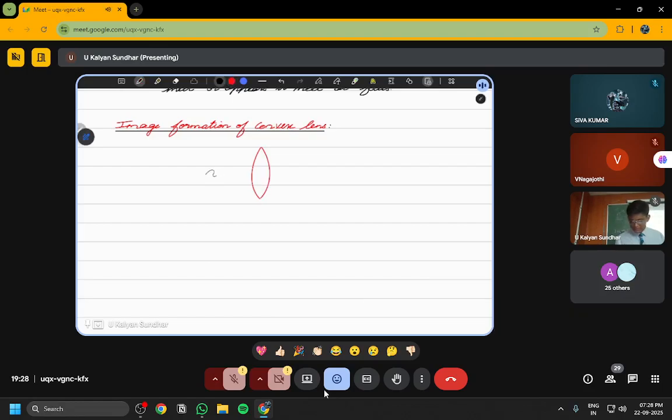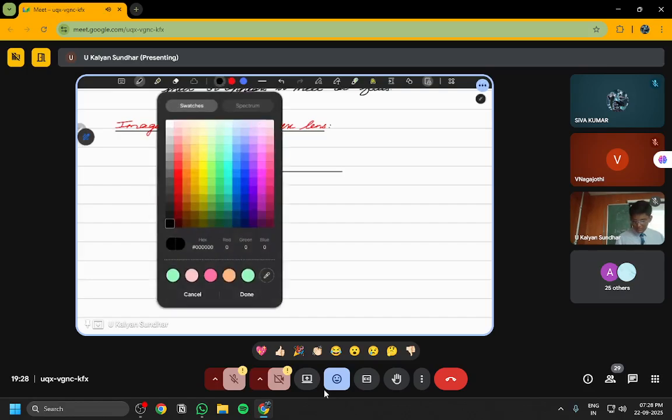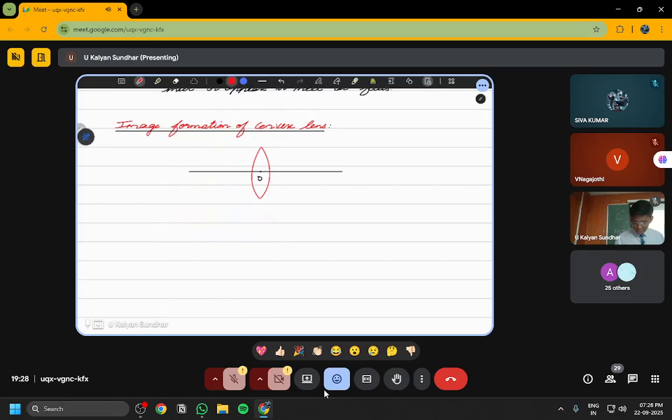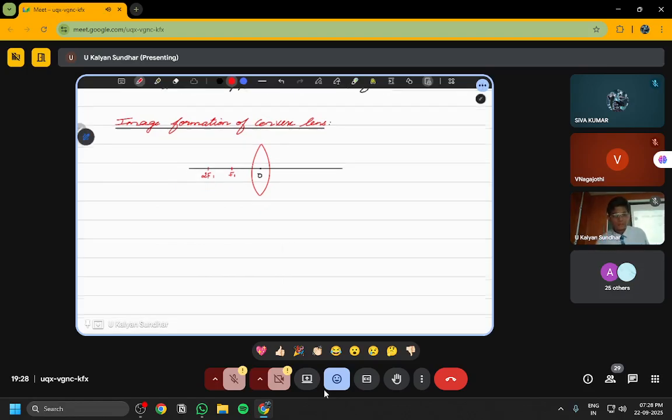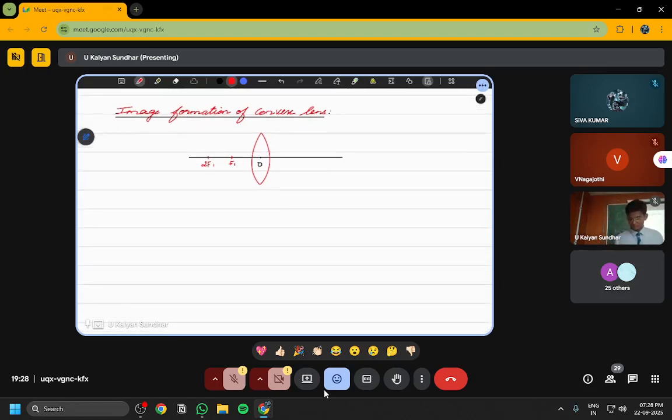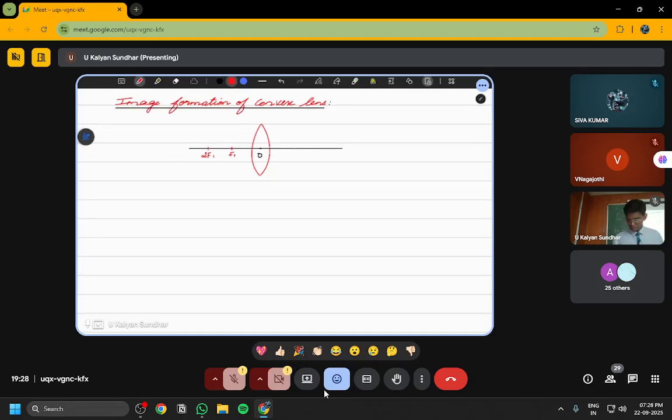This is a convex lens, principal axis which is passing through the optical center. So let it be 2 times the focus f1. Sorry. Yeah, f1, and this is your f1 value, right? And this is f2, 2 times of f2.